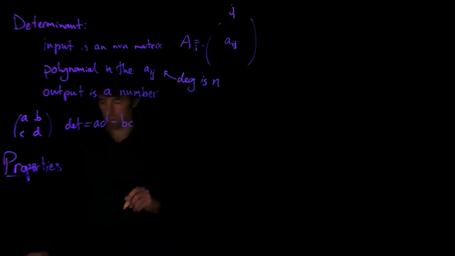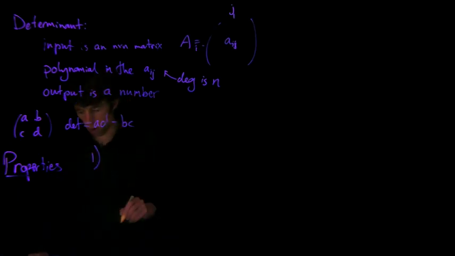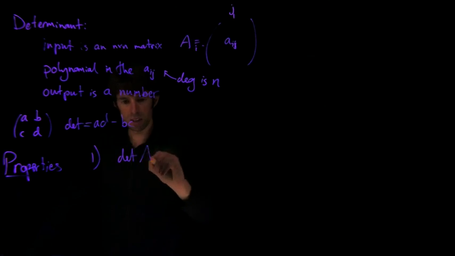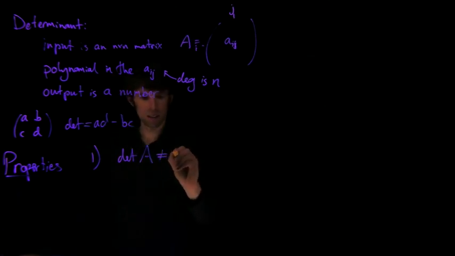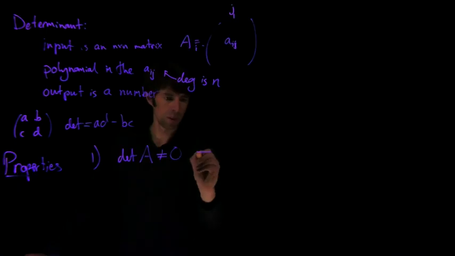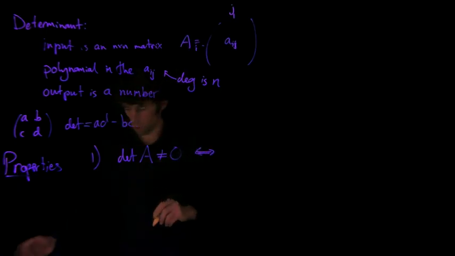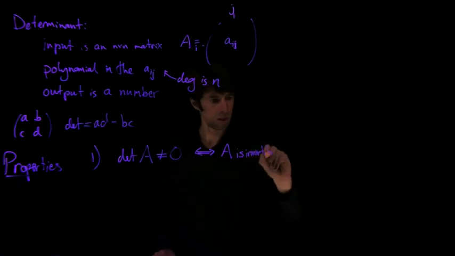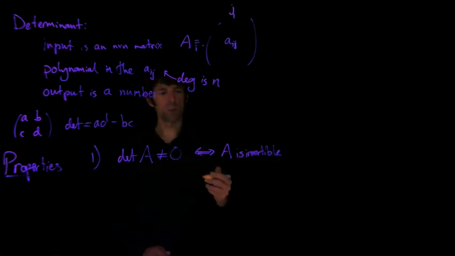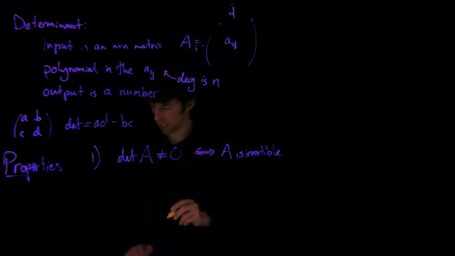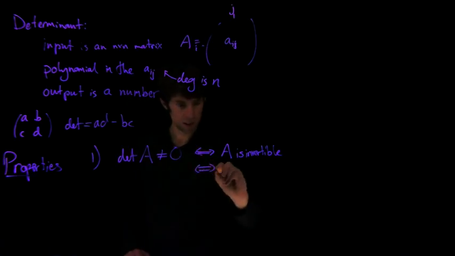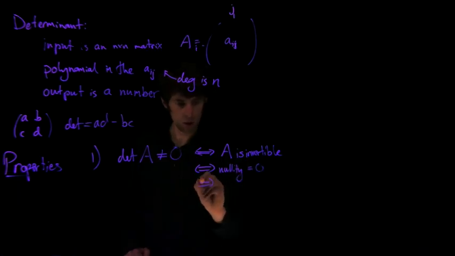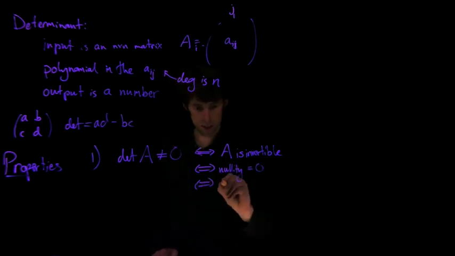So what are some of the properties? Well, the most important one, the reason that we usually care about the determinant, is the following. The determinant of A is non-zero if and only if this matrix is invertible, which was equivalent to lots of other things, such as the nullity being equal to 0, or the columns being linearly independent.